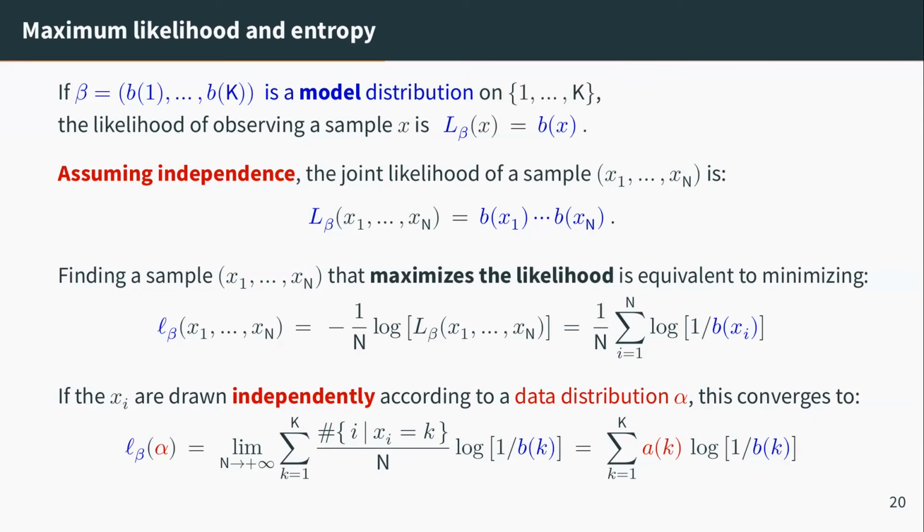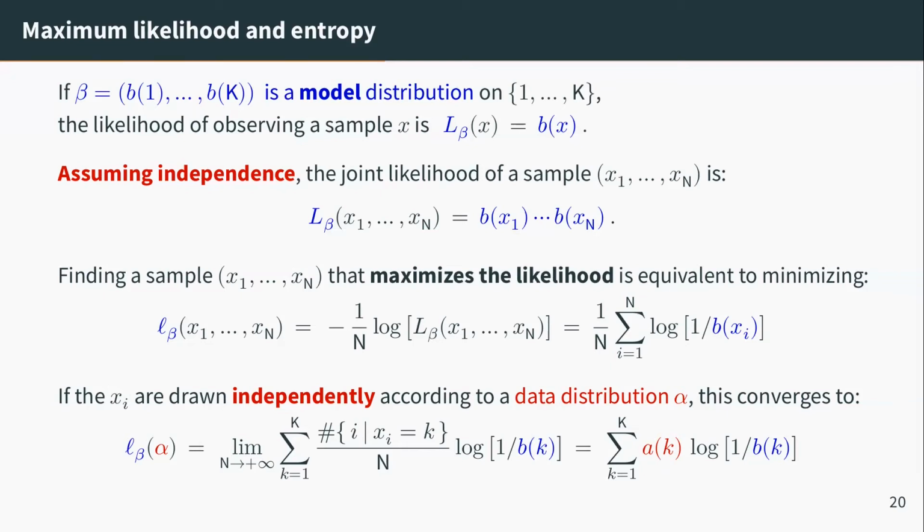Yes. Excuse me, what is b? It's a function. So here, I'm in this very simple setting. So b actually is the density of my model with respect to the counting measure on 1 to K, but it's more that I have a finite set of samples, 1, 2, 3, up to K, and b is just a function that takes as input a label and gives you its weight.